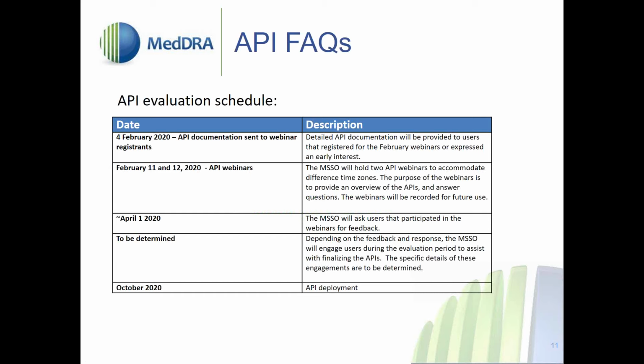And then between early April and August, we will be engaging users on a to-be-determined schedule to help finalize the APIs. This could be in the form of webinars, possibly other types of engagements to help us absorb the feedback and make any adjustments necessary before we deploy. And we're planning to do that in October of 2020.